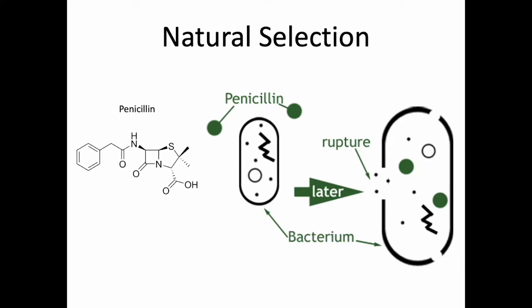It's easy to forget these microscopic single-celled organisms, but bacteria are subject to everything that we've talked about so far as well. So in this example, we are looking at the effects of something called penicillin. So penicillin is an antibiotic. What it does is it binds to enzymes that bacteria have that are responsible for building their cell wall. It shuts down those enzymes.